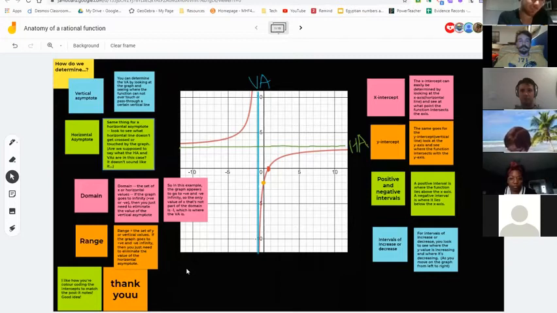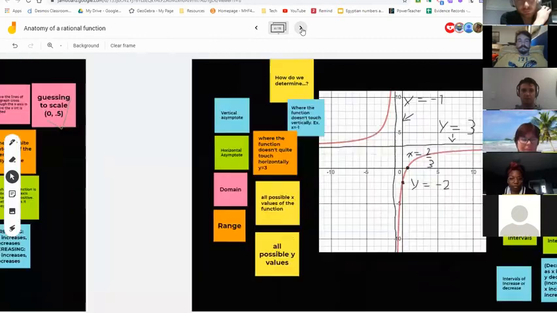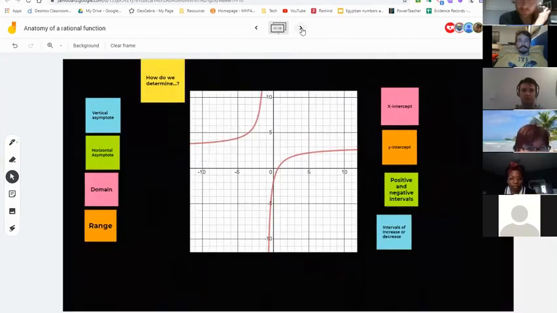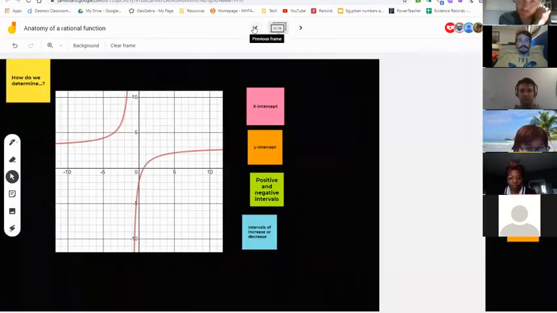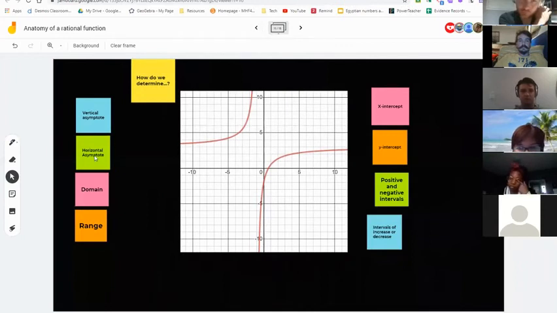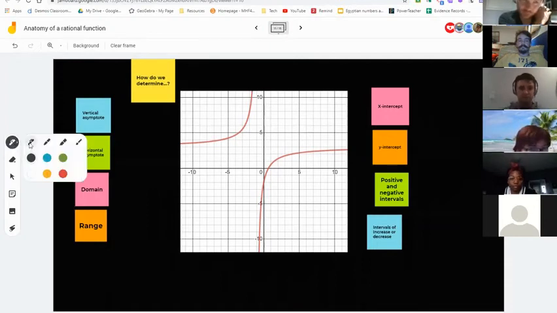So now let's talk about these for a moment. I'm going to go to one of these that is unused, like this one. Okay, and let's talk about just the horizontal asymptote. So this equation, or this function, is something like this.